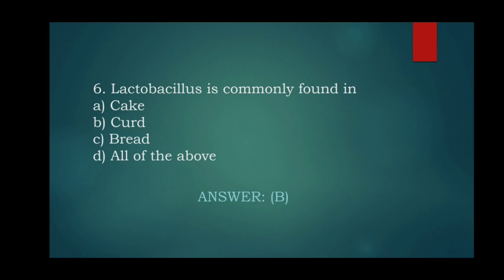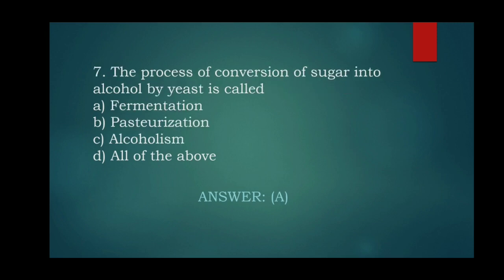Sixth question: lactobacillus is commonly found in options cake, curd, bread, all of the above. We know that lactobacillus is the bacteria that converts milk into curd, right? So the bacteria will be present in the curd, so the correct option is option B. Question number 7: the process of conversion of sugar into alcohol by yeast is called option A, fermentation, option B, pasteurization, option C, alcoholism, option D, all of the above.